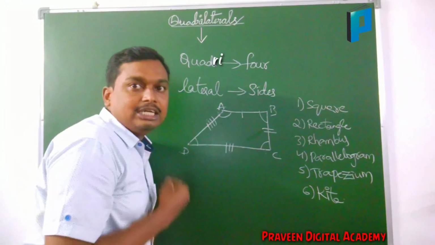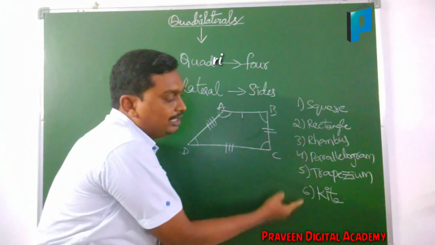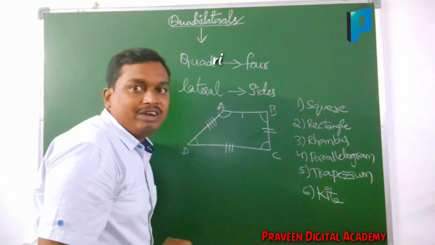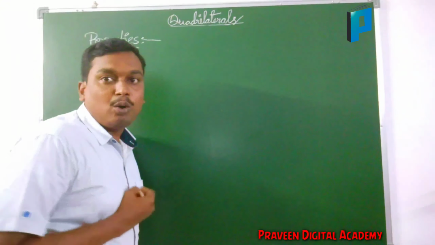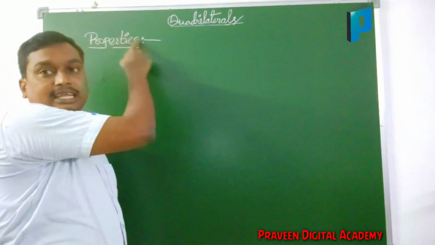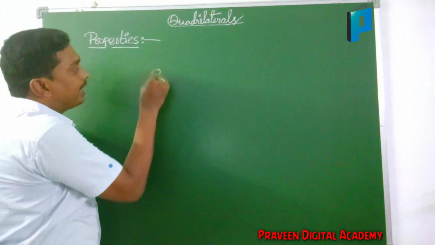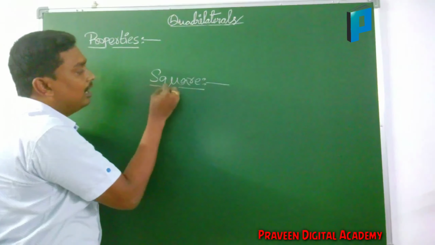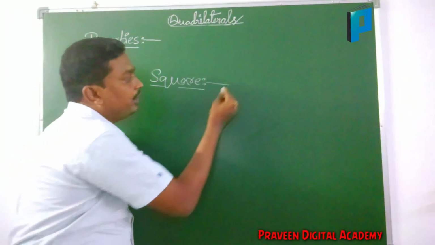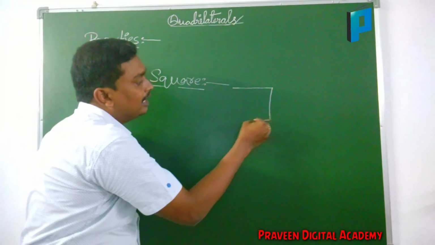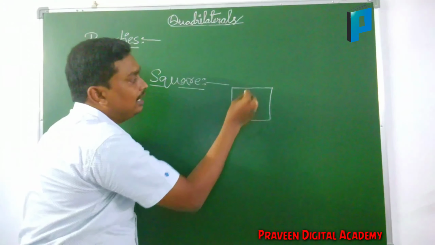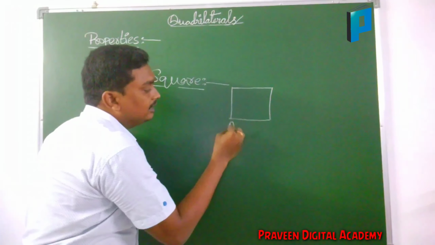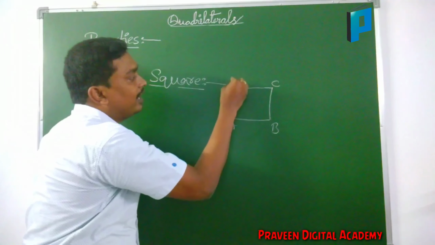Now let us see the properties of all these quadrilaterals. Each and every property we will discuss here. Now let us go for the properties of a square. What are the properties of the square? We know that a square is a quadrilateral, and this is the shape of the square where ABCD is a square.